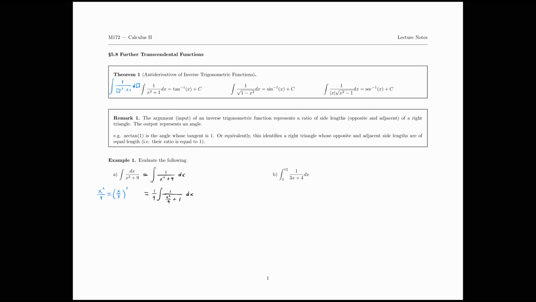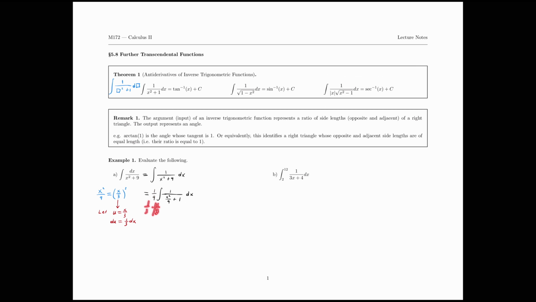So now that we have this, we can go ahead and perform a u substitution on this. Let u equal x over 3. Then du is 1/3 dx. We can think of this 1/9 as really a third times a third.